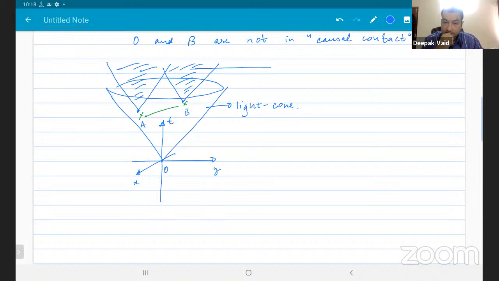If I just say that in words, it might not make any sense. But when you look at this picture, it's clear that A cannot send a signal to B, but O can send a signal to both A and B.